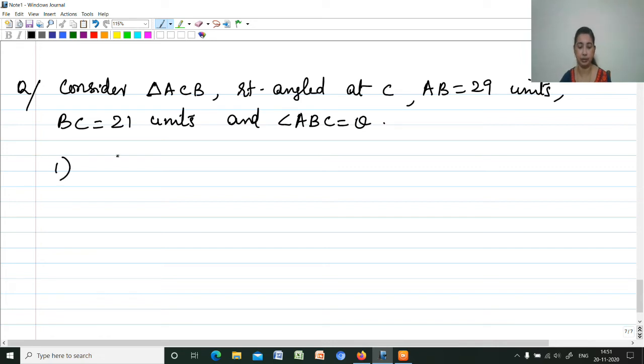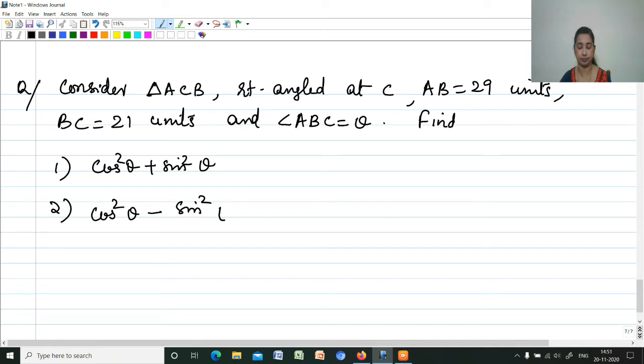Find the value of cos square theta plus sin square theta. Second one, cos square theta minus sin square theta.